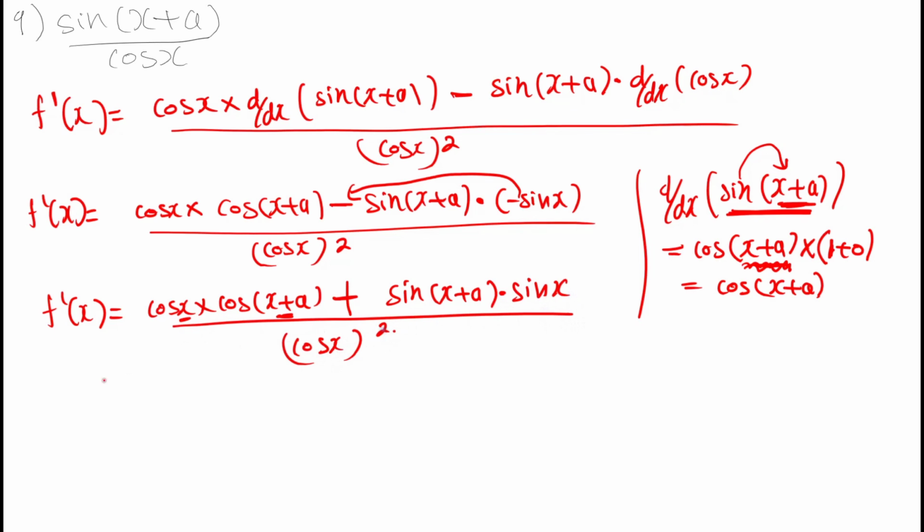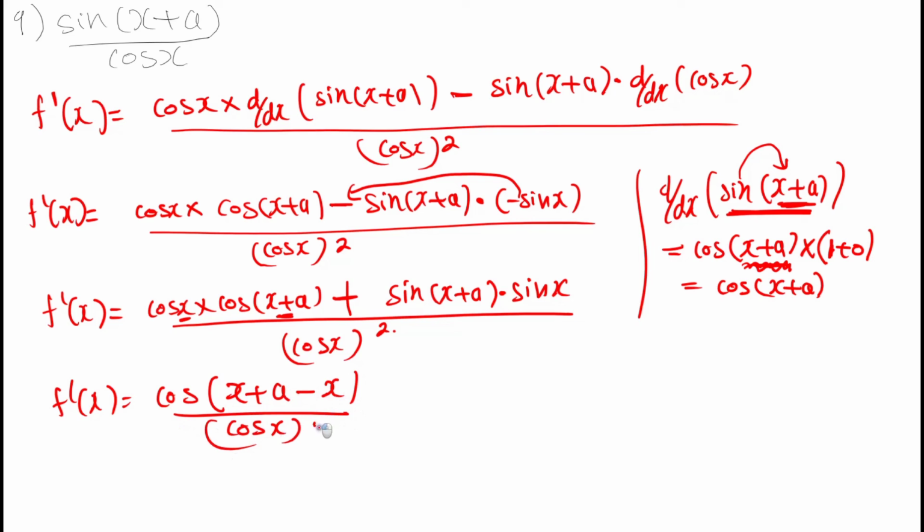You can observe, right, f dash of x is in the form cos a cos b plus sin a sin b. This is nothing but cos of (a minus b), right? That is (x plus a minus x) by cos x whole square. So the plus x and minus x get cancelled, cos a divided by cos x whole square will be the derivative.